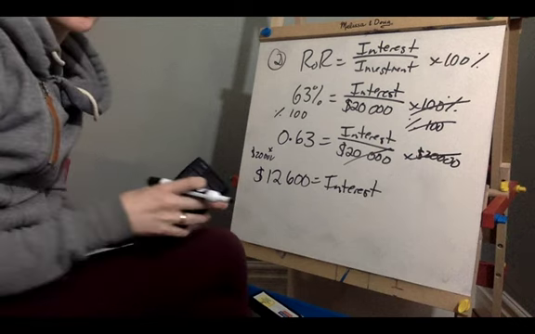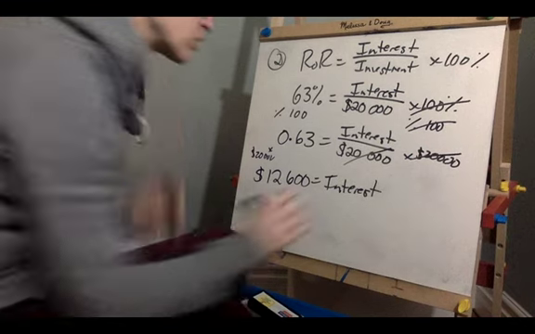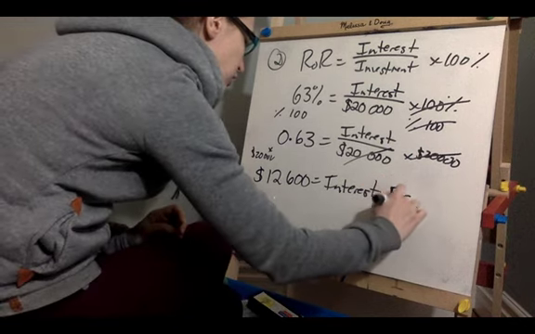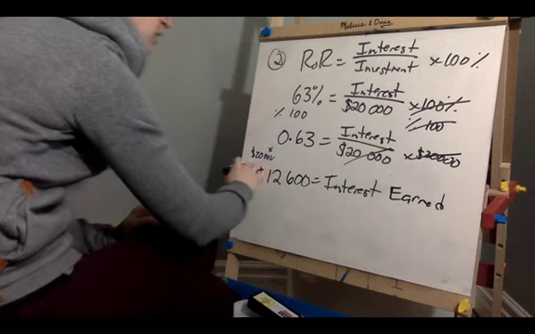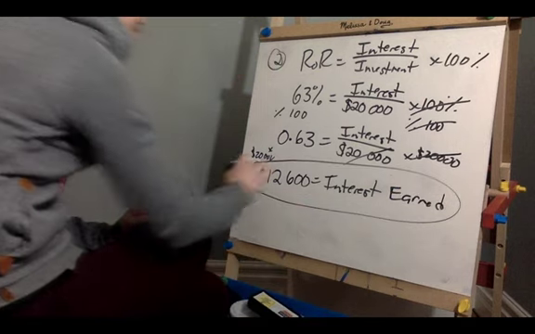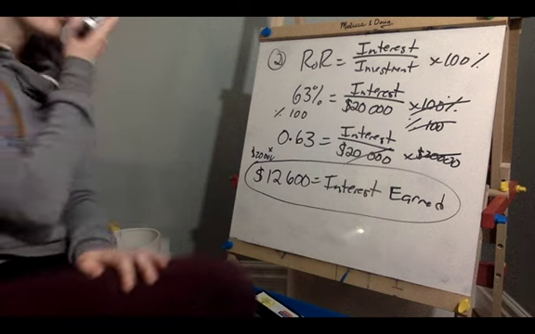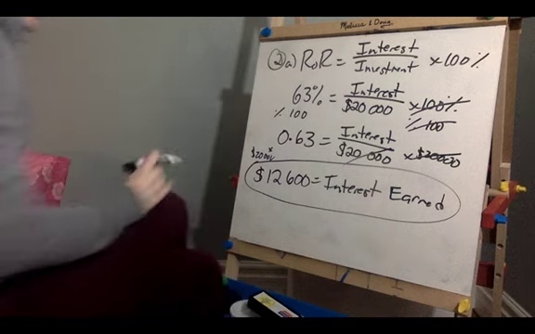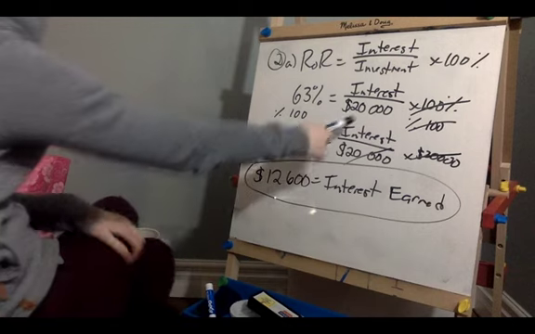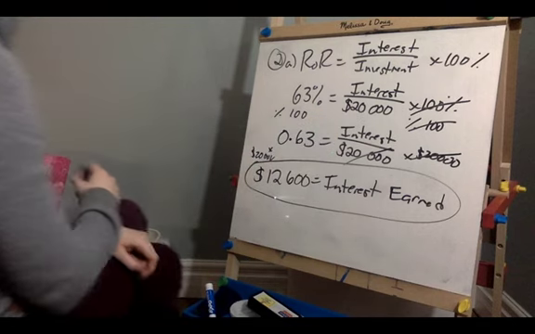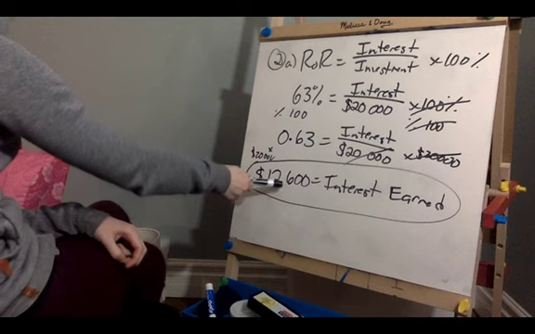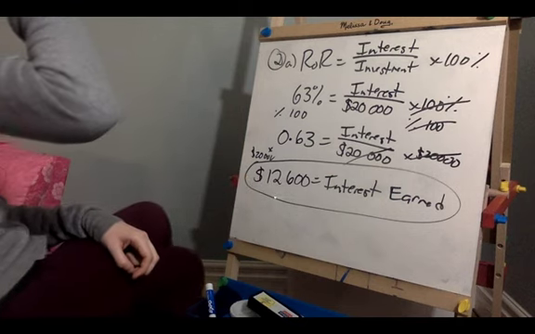Okay, so over the course of 7 years, he has earned $12,600. And then part B is asking, what's the current value of his investment? So he started off by investing $20,000, and over that 7 years, he ends up earning $12,600 in interest.